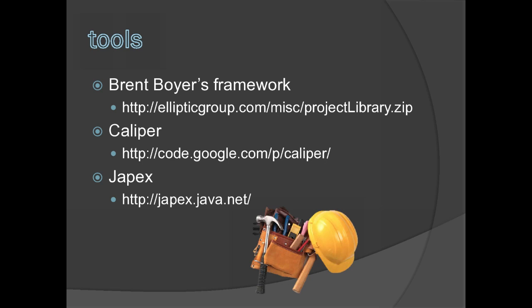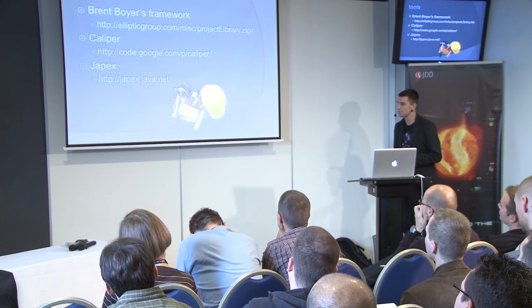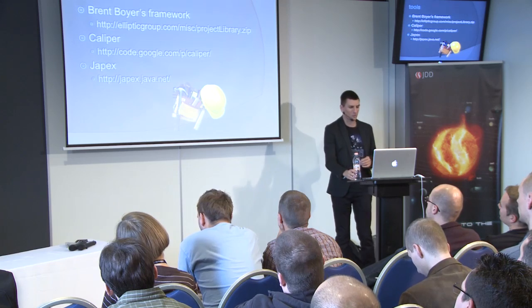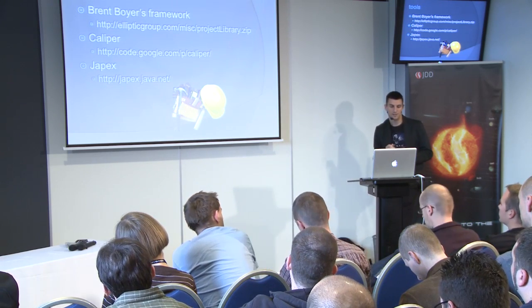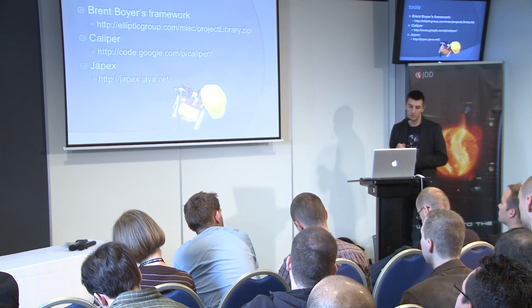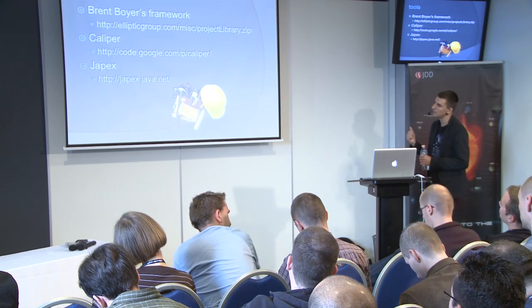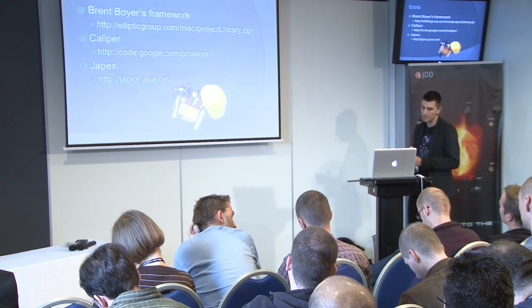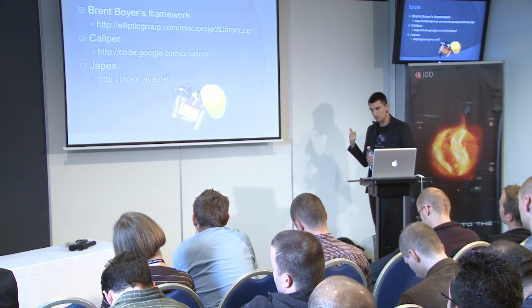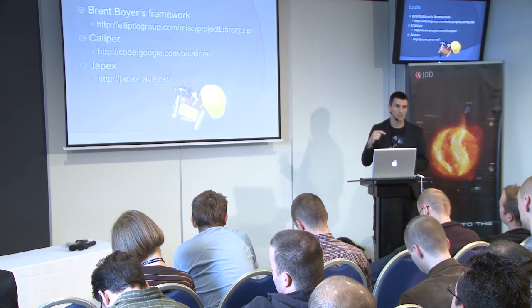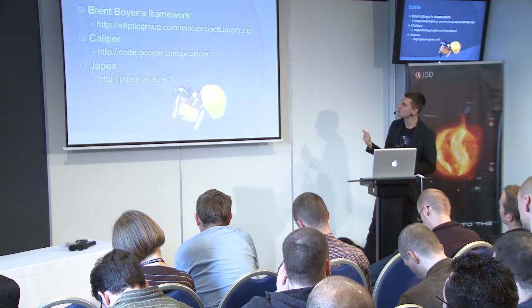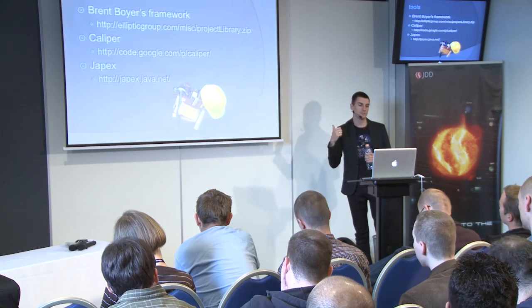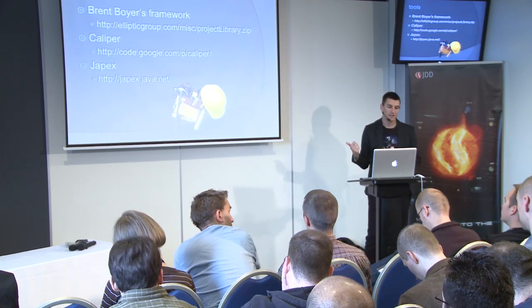And a little bit about tools. We've got three quite good tools, and the first is Brent Boyer's framework. It's fine because it handles a lot of the HotSpot issues that we have listed before, and it also produces detailed statistics.